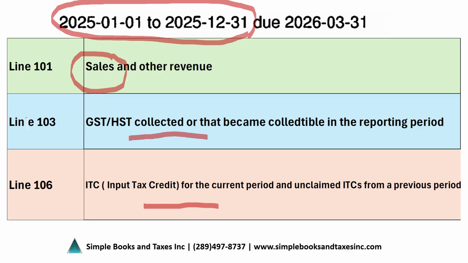Usually, I will depend on the financial statements to obtain this information. For example, the income statement will show us the total sales revenue. The balance sheet will show us the HST charged on sales minus HST paid on purchases.